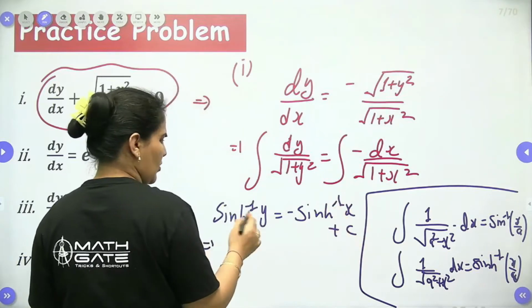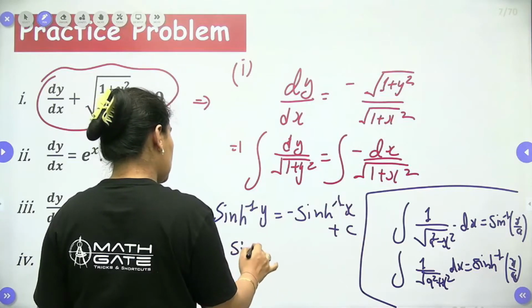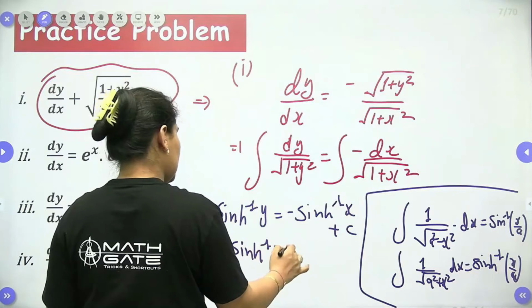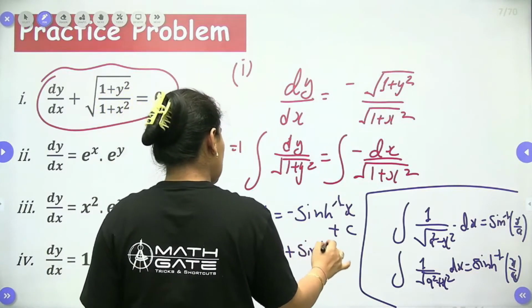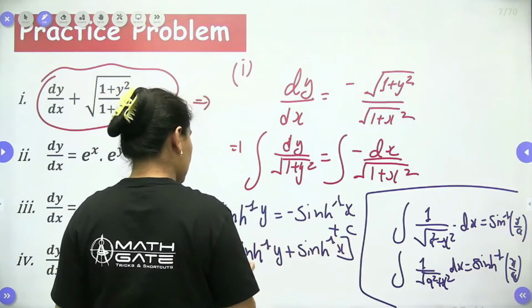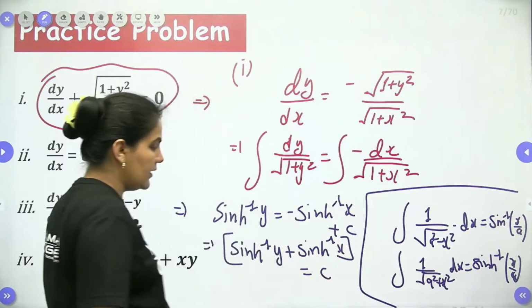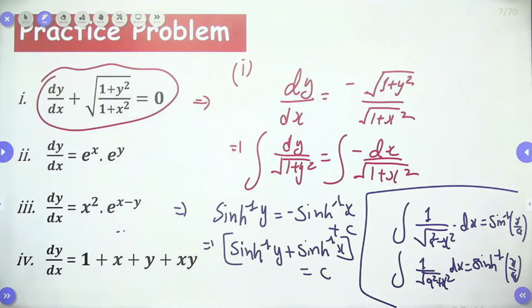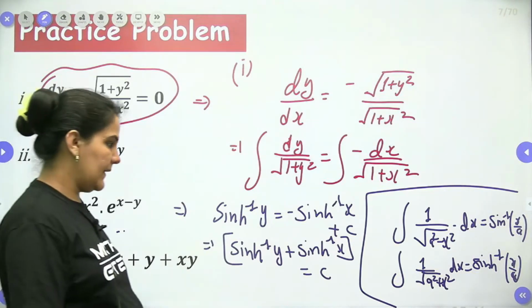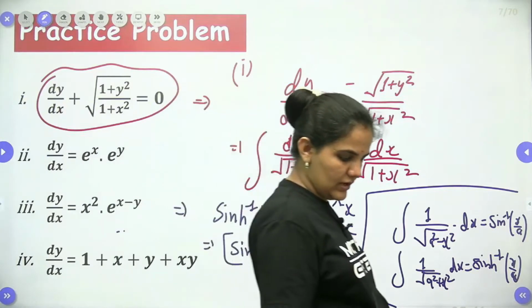Now we can approach according to the options. Right now we don't have options, so we can leave it here only. Still, if you want to write it down, you can write sine hyperbolic inverse y plus sine hyperbolic inverse x is equal to c. Yes guys, now let's come to the next question.